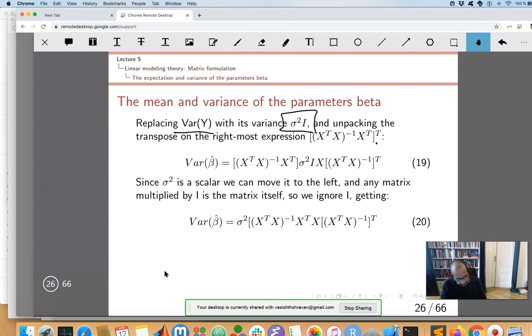So how do I proceed? In the middle I've got the variance of y, and I've got those two terms on the left and right: this term here and the transpose of this term. Where is it? Oh, have I made a mistake here?